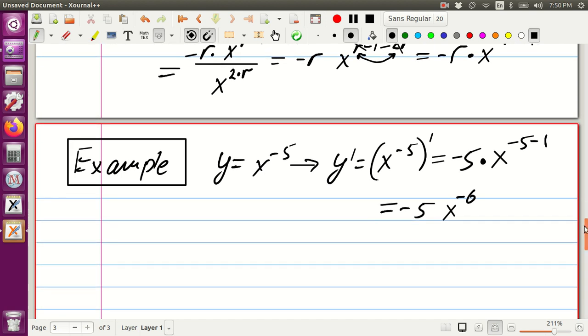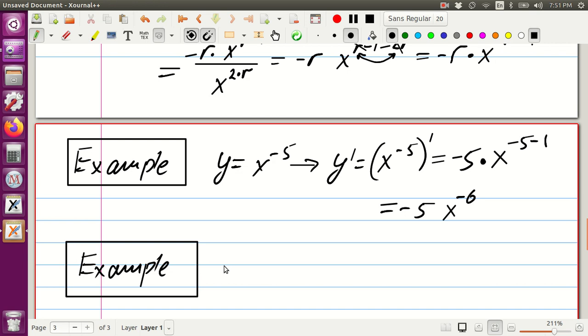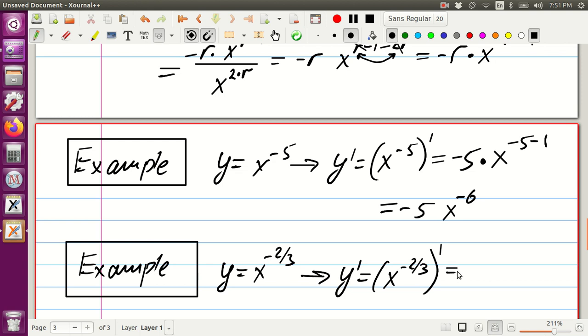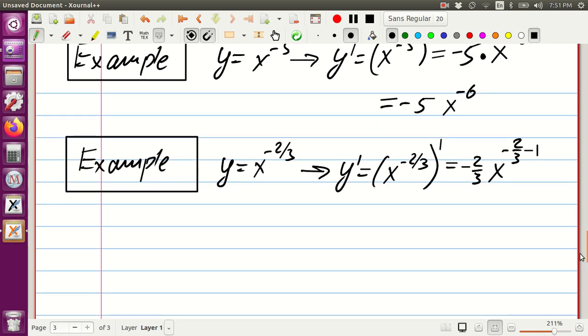Alright, so another example for this topic would be y equals x to the negative 2/3. We would like to find derivative, so we're going to get derivative of y, and so we can apply the rule: negative 2/3 goes down and we have x to the negative 2/3 minus 1.